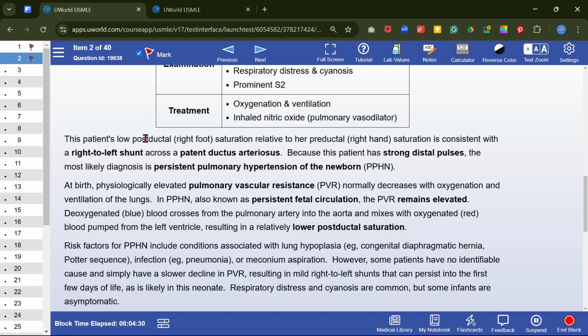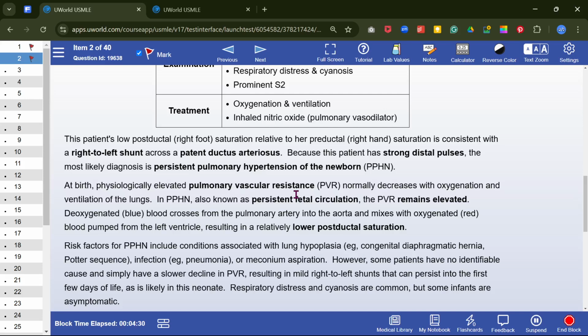This patient's low postductal right foot saturation relative to her preductal right hand saturation is consistent with right to left shunt across the PDA. Because this patient has a strong distal pulse, the most likely diagnosis is persistent pulmonary hypertension of the newborn. At birth, physiologically elevated pulmonary vascular resistance, PVR, normally decreases with oxygenation and ventilation of the lungs.